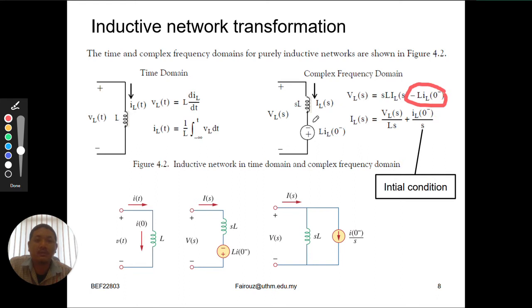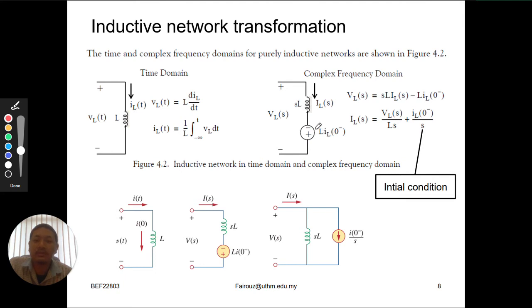Basically, if we convert the inductor from time domain into frequency domain, we have an additional component in the circuit. This is the initial condition, represented by a voltage source.